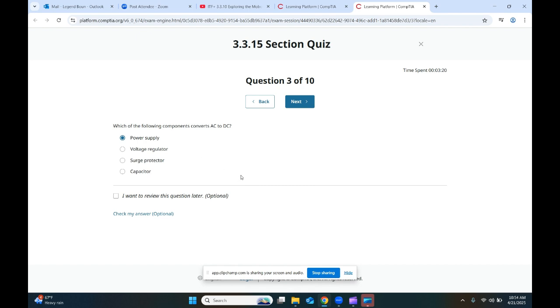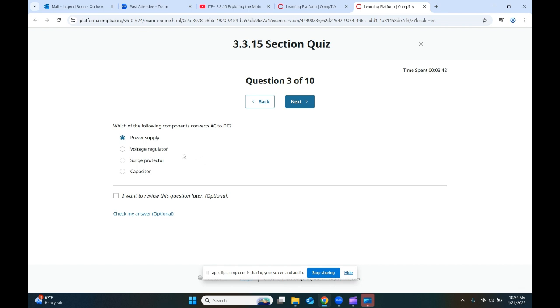And a voltage regulator, well, it regulates voltage. It controls the voltage. I don't know if we have a whole ton of these in the computer. I do know that capacitors are in power supplies, and it's part of what converts that alternating current to DC.